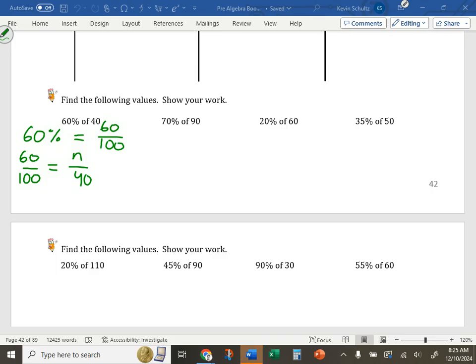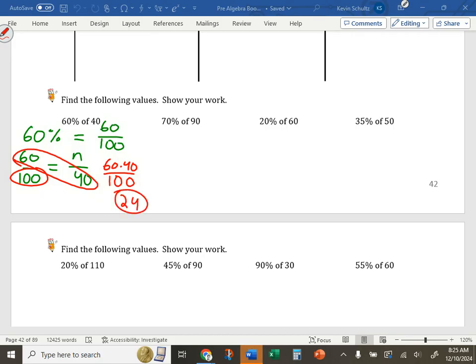Is there a good scale factor to take it from 100 to 40? No. So Layla, what did you do? Cross products, sure, works every time. 60 times 40 divided by 100. Layla, what did you get? 24. 24 is the correct answer.